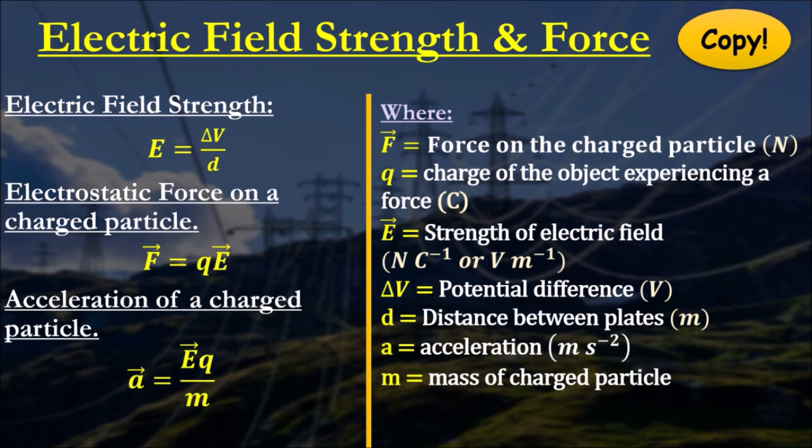And obviously, don't forget, we also have the work being done. Okay, so there's that. We might go into some questions in a separate video, but this is how you would derive the equations for electric field strength, force, acceleration, and also work done, which is not on this one, so we'll go to that one.